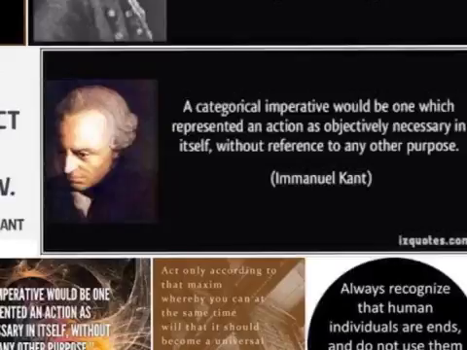So thou shalt not kill comes from the categorical imperative, and his aim was to make that categorical imperative explicit. He says the categorical imperative would be one which represented an action as objectively necessary in itself without reference to any other purpose, or as was said earlier, anti-Machiavellian, anti-consequentialist, deontological, duty-based, rule-based, absolutist, etc.